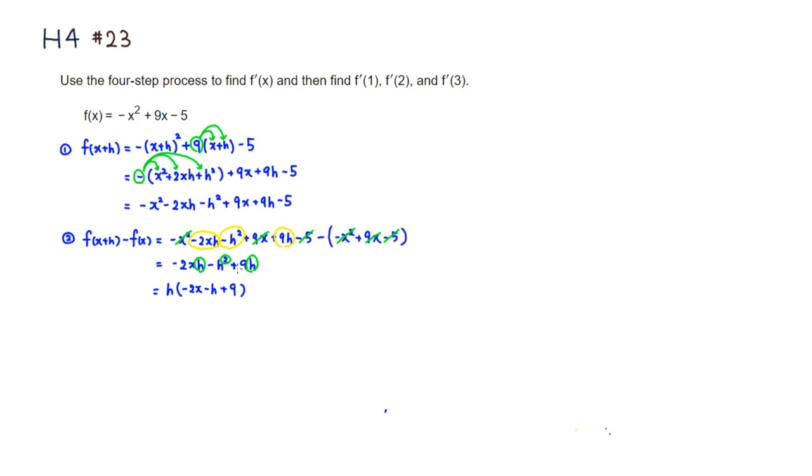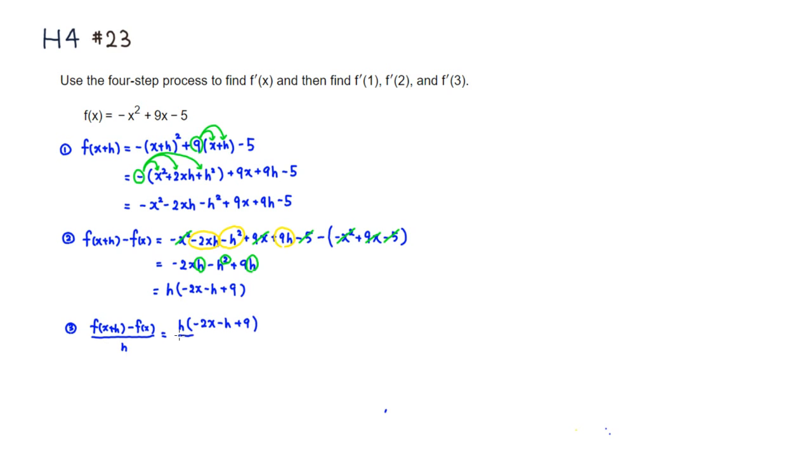Then the third step is we have to find the difference quotient, which is f of x plus h minus f of x, all over h. The numerator is the result from step 2, so I'm going to just copy that: h times the quantity negative 2x minus h plus 9.